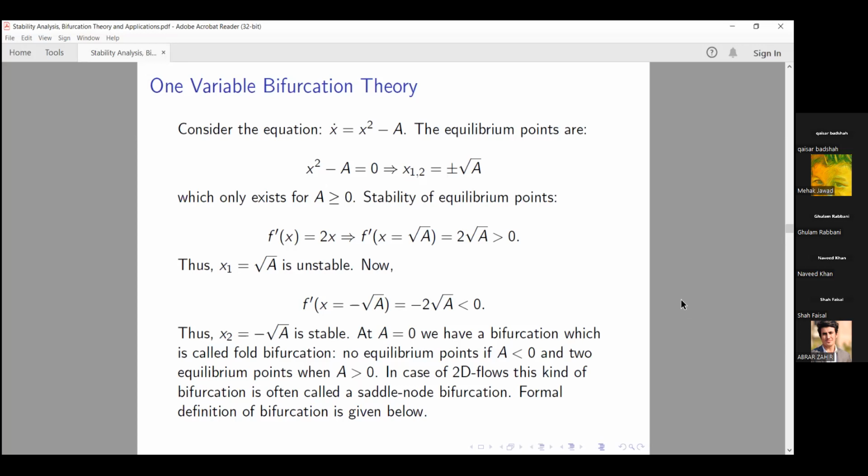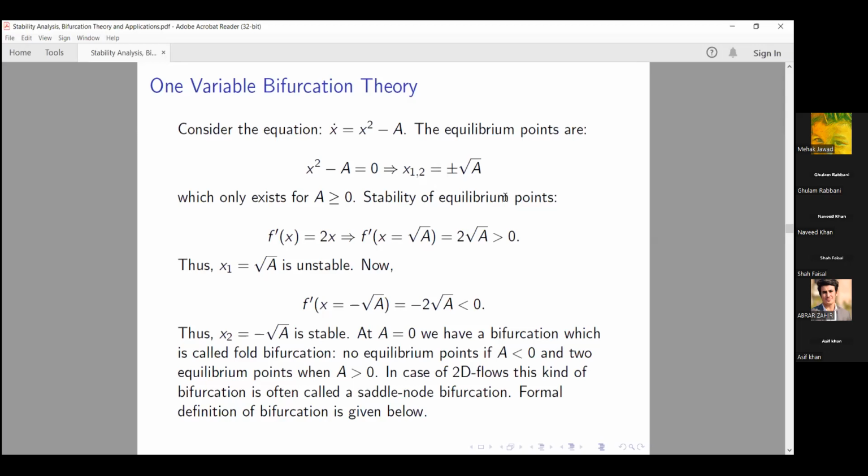Setting f of x equal to 0, we can find from the quadratic equation that the equilibrium points are just plus or minus square root of a. And of course, we have to make sure a is greater than or equal to 0 because we want to look at the reals. We're not considering complex values at the moment.